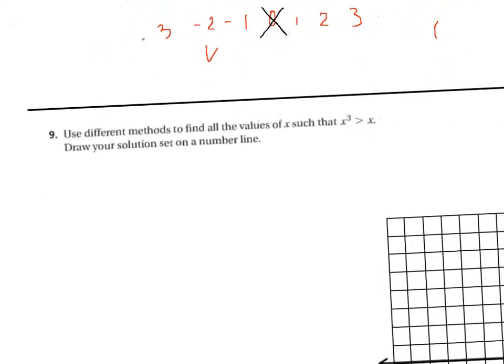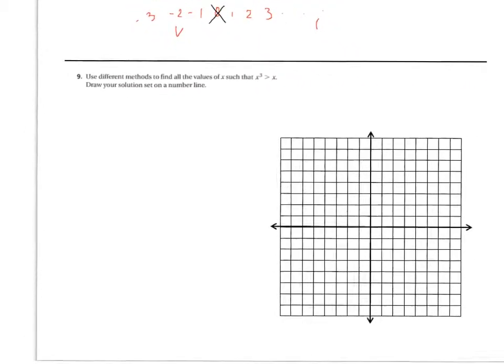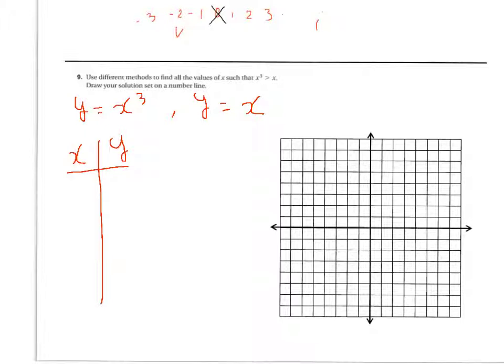Next problem is pretty much the same thing, but a different equation. You can use this graph. You can actually graph these: y equals x to the third and y equals x. You know how to graph these things. You can make a table of x and y, and for example, you can do negative 2, negative 1, 0, 1, and 2.